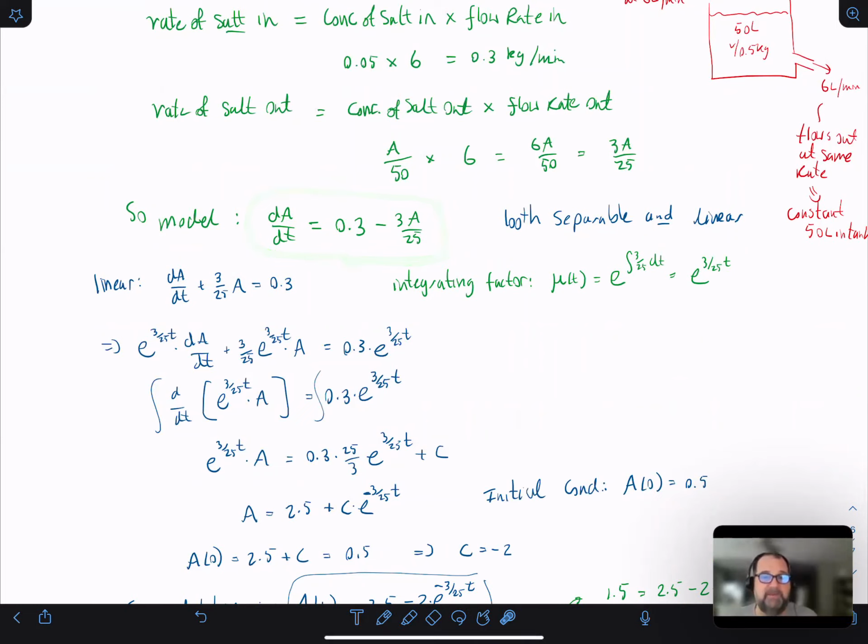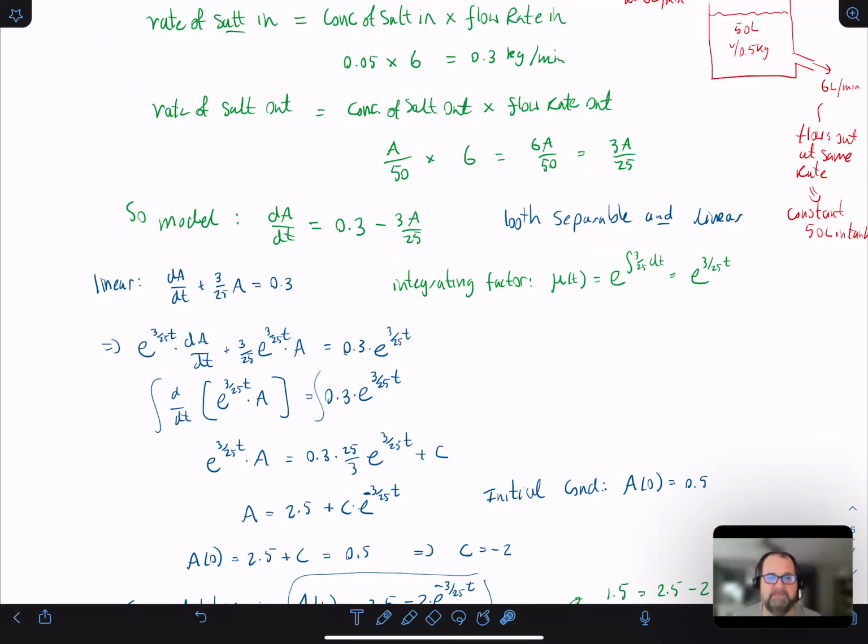I have solved this one by the linear method, but you can also solve it by the separable method. The first step to do separable would be to combine these two terms into a single fraction on the right-hand side, and then you can separate. That is a little exercise for you to preview on my open math.